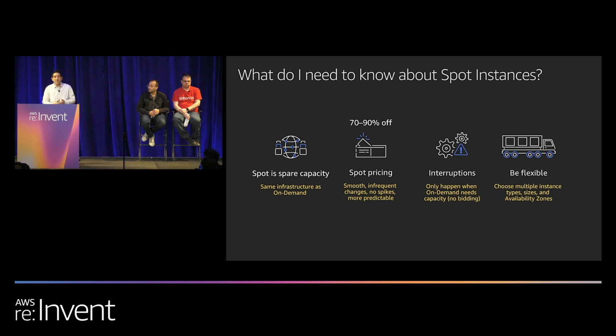When it comes to Spot, the fundamental best practice is to be flexible. What do I mean by that? In order to achieve the most significant cost savings and to get access to our spare capacity, you want to be flexible across all of the different generations, the different sizes, the different instance types, and availability zones.